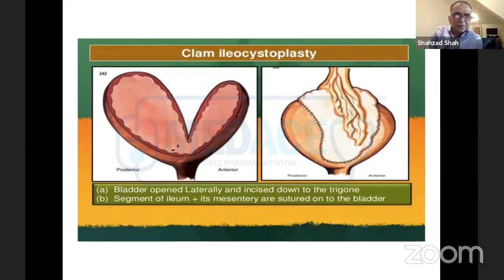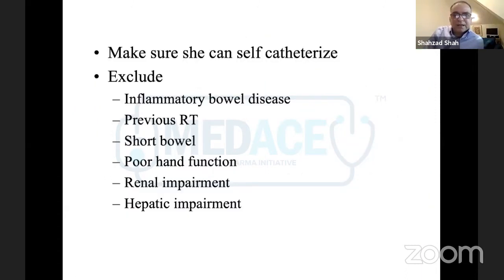If you really need a good result, just making a small patch onto the top of the bladder would not really help. You really need to bivalve the bladder and patch to increase the capacity. Make sure the patient can self-catheterize, otherwise this is a contraindication.